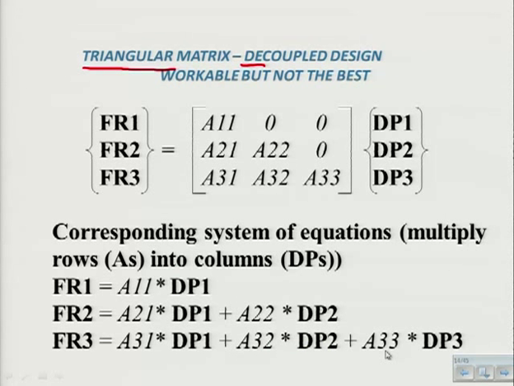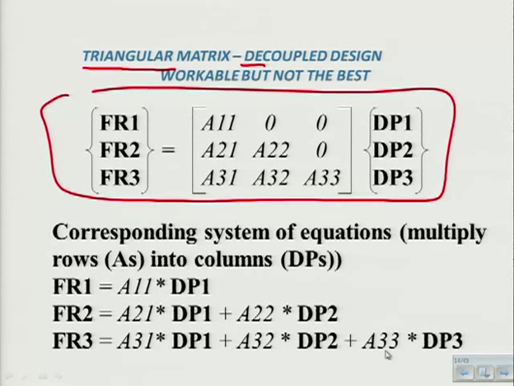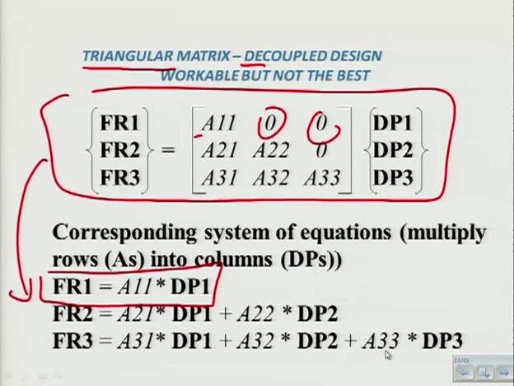But this kind of problem comes up in linear algebra: what equations do I have? So this really represents a series of equations. And because these two things are 0, then FR1 is just a function of this element of the design matrix and dP1. So this shows in a series of equations that when I have a triangular matrix, FR3 is a function of all of these things.